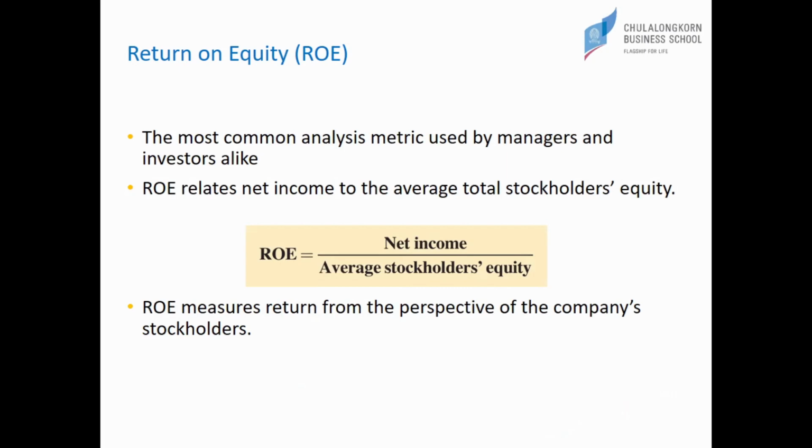We know this ROE is related to the net income and the average stockholder equity. So it's net income divided by average stockholder equity. But as you can see from this formula, this ROE measures the return from the perspective of the company's shareholders, okay? Because the equity is in the denominator.